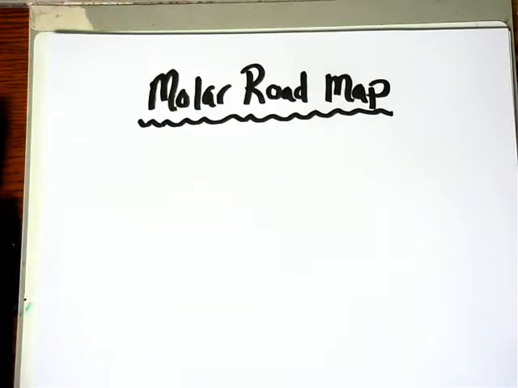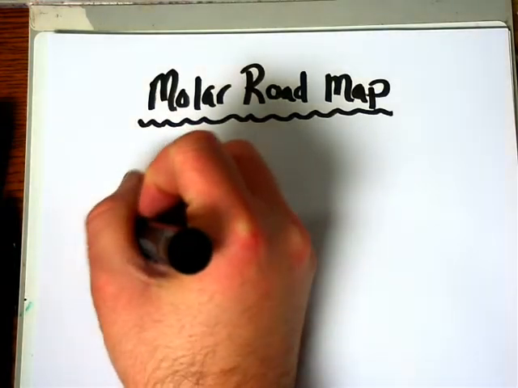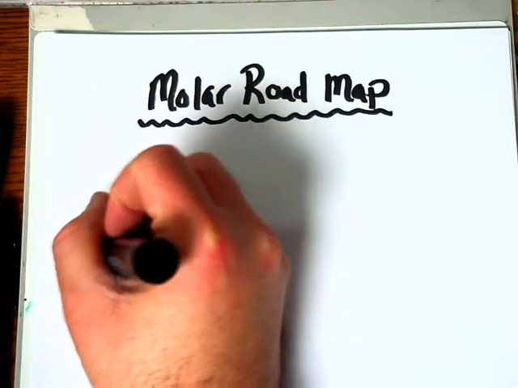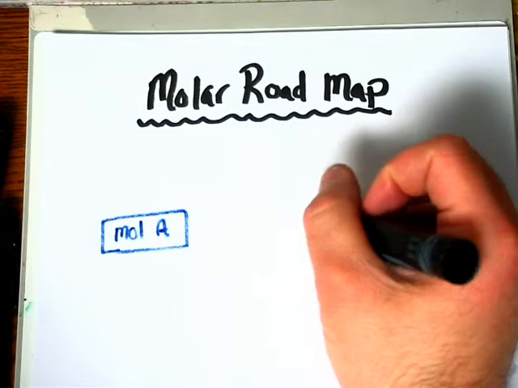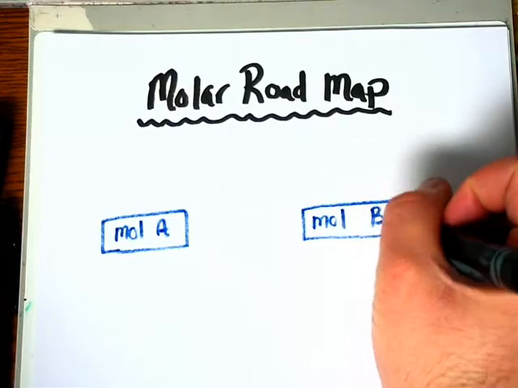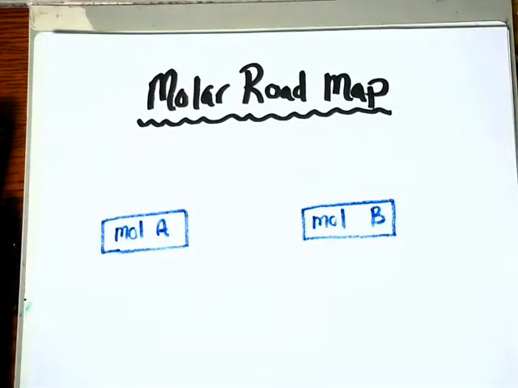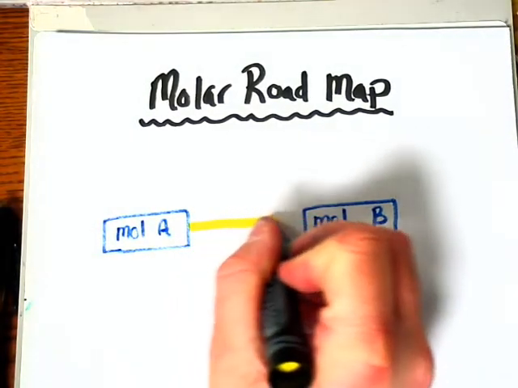We started this a little bit yesterday, so to remind ourselves, we had moles of A on the left side, and we had moles of B on the right-hand side. And I had drawn a connection point between the two.